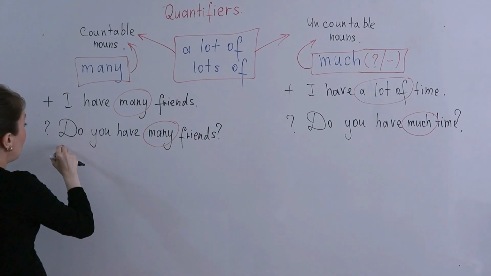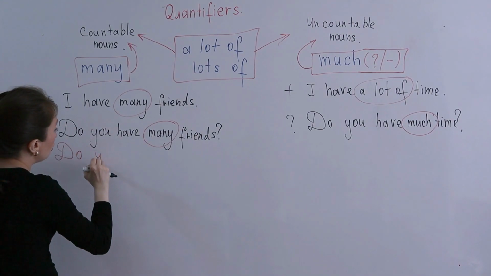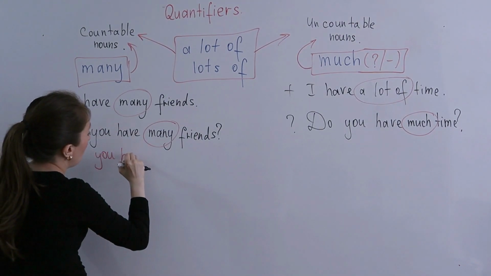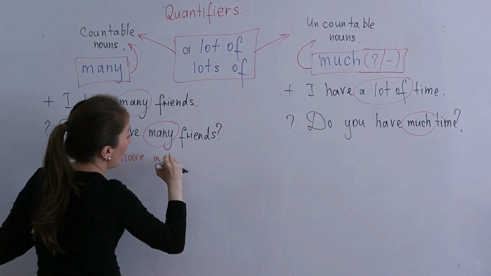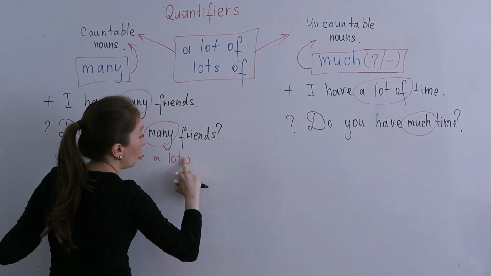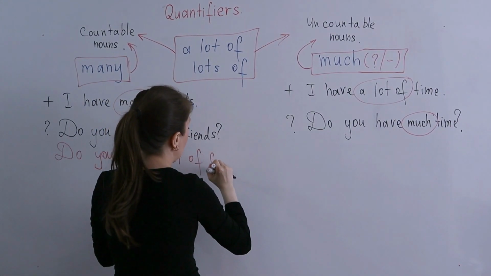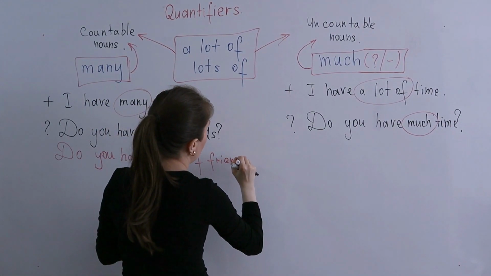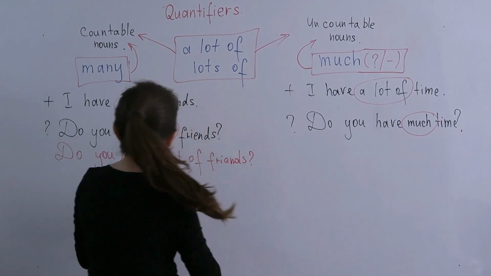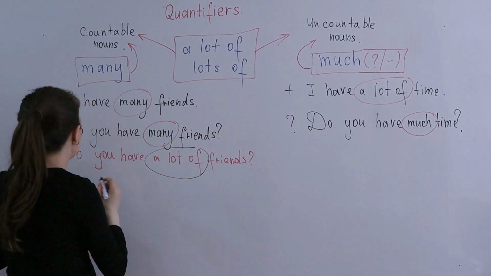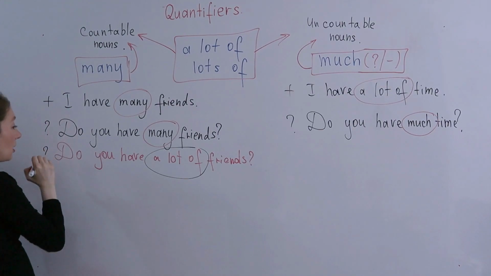So, let me write like extra. Do you have a lot of friends? Right? We have a lot of. This is kind of an extra.